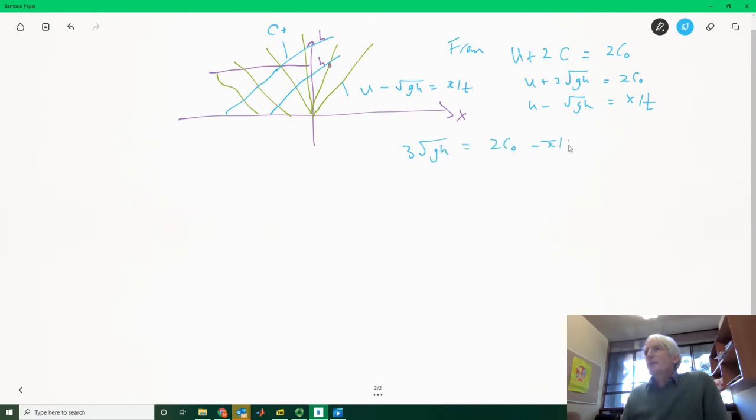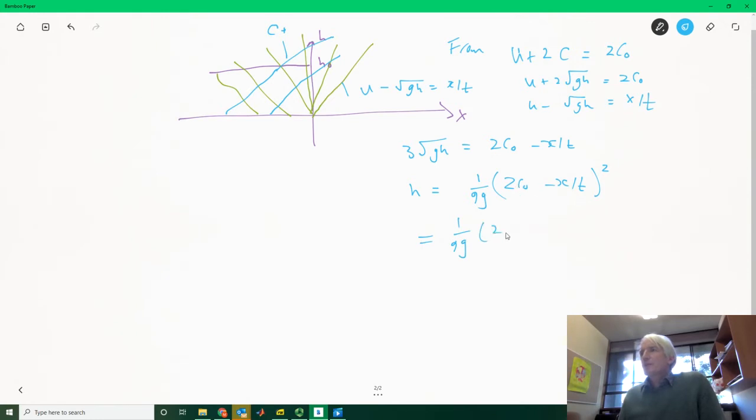minus X over T. So I can rearrange that and I get H is equal to 2C naught minus X over T squared, and I go 1 over 9G. And then that's 1 over 9G.